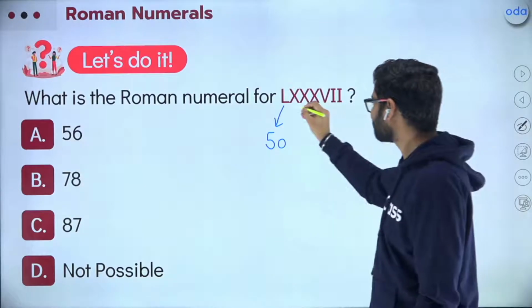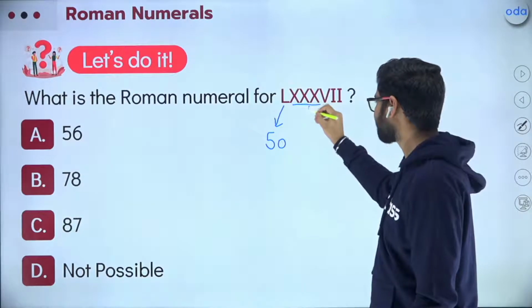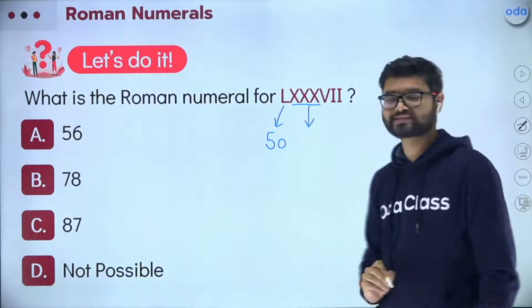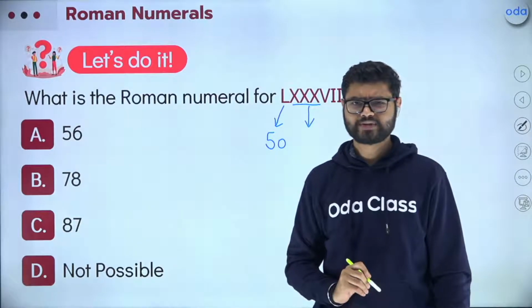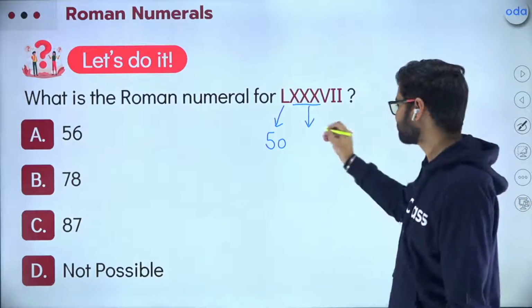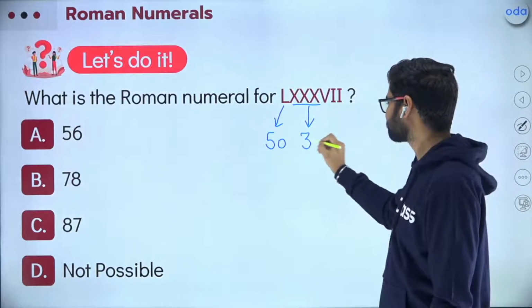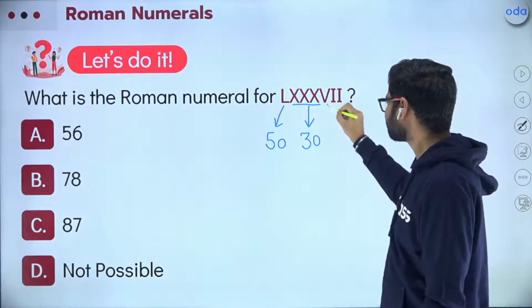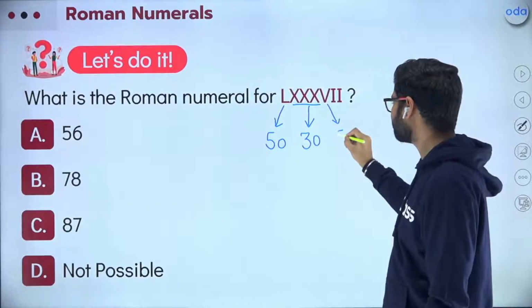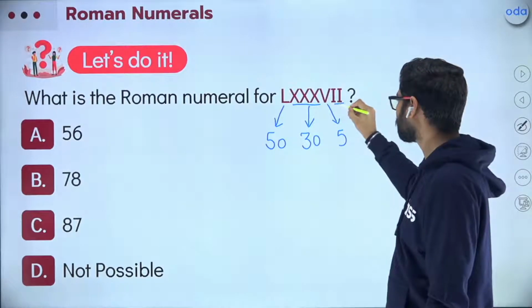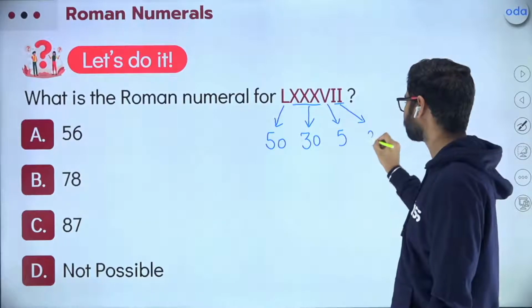Now talking about these XXX, can you tell me what XXX is? XXX is 30, right? This is 30. This symbol V is for 5 and this II is for 2.